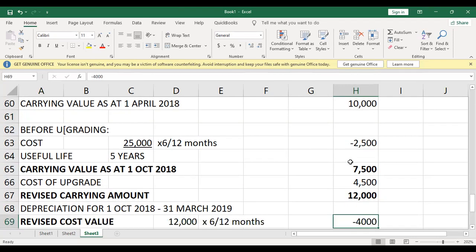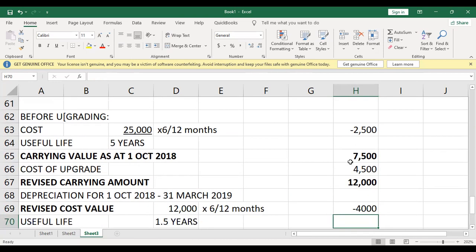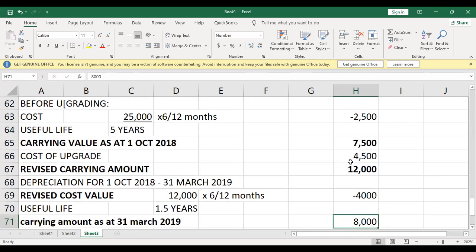So 2.5 plus 4,000. How much do we have? Not 4,000, what was our 6,000?